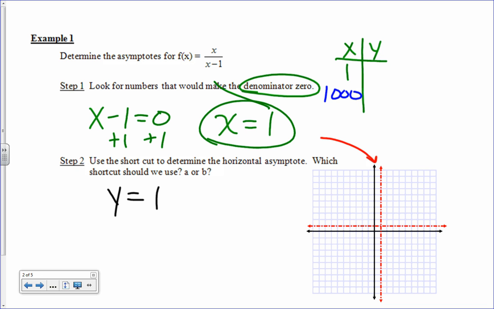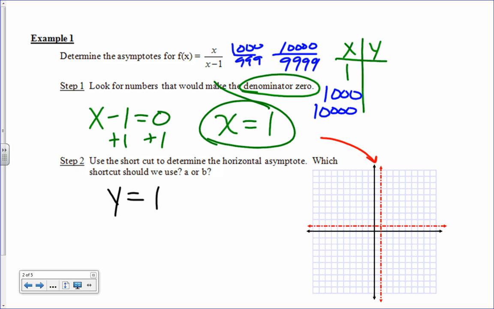If I put 1,000 in, you'll see why. What happened? It's 1,000 over 999. What if I was really being weird and said, let's do 10,000? Then it turned into 10,000 over, right?